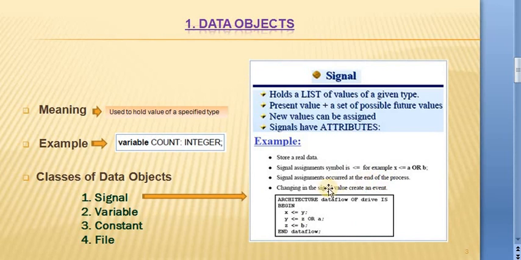So the change in signal value is created under this type of signal in the data object. So let's move to the next slide for the study of variable.